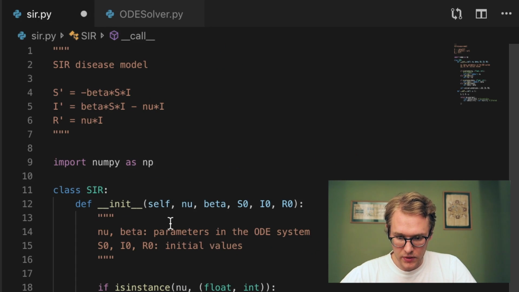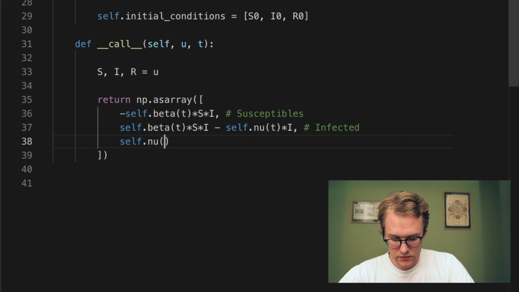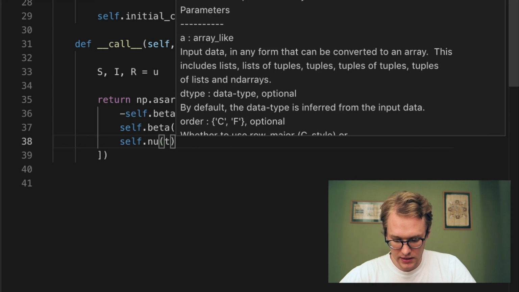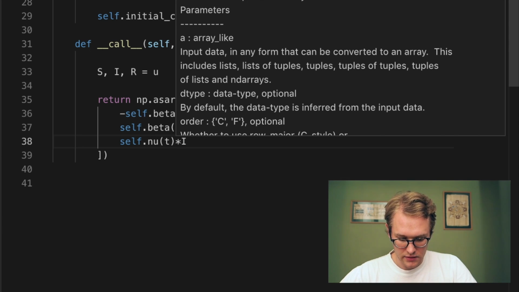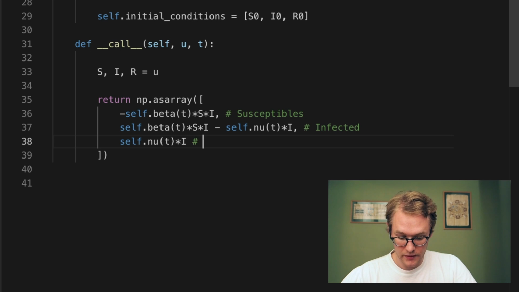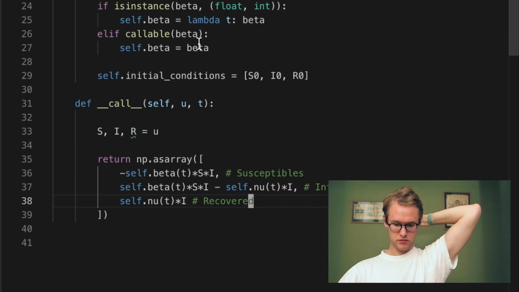And the last one is nu times I, so self.nu(t) times I. And these are the recovered. I think that should do it.